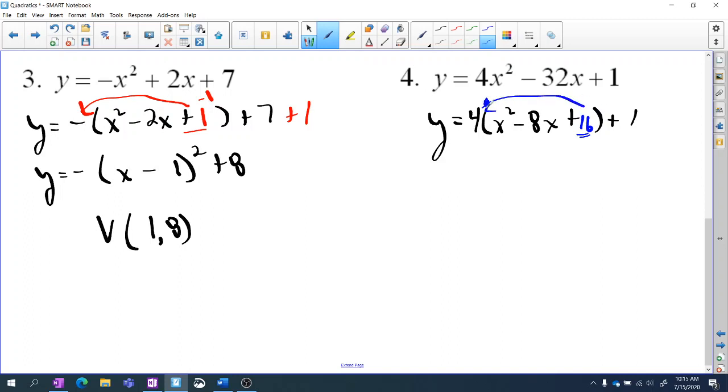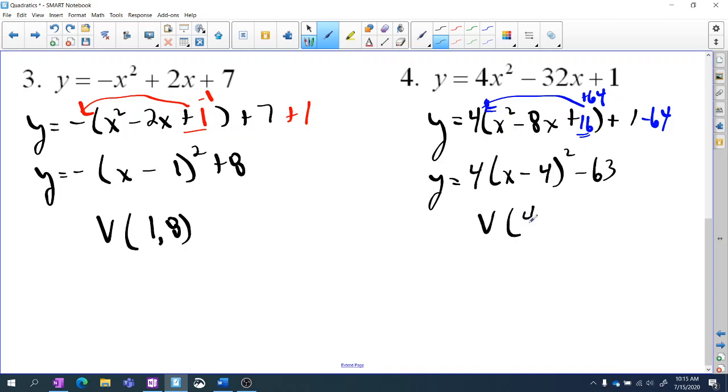So I've really introduced here a positive 64, which means I need to subtract 64 at the end. Vertex form. Y equals, leave your 4. Square root of the first, sign from the middle, square root of your last one, all squared. That'll be a negative 63. Vertex at 4, negative 63, opens up with a stretch factor of 4.